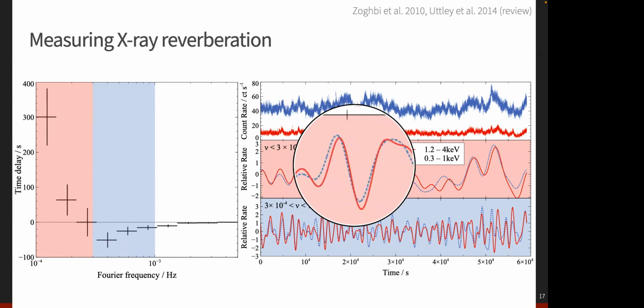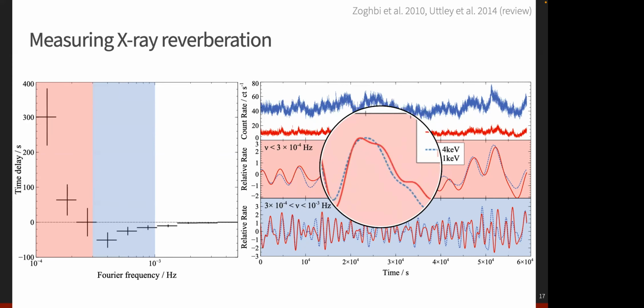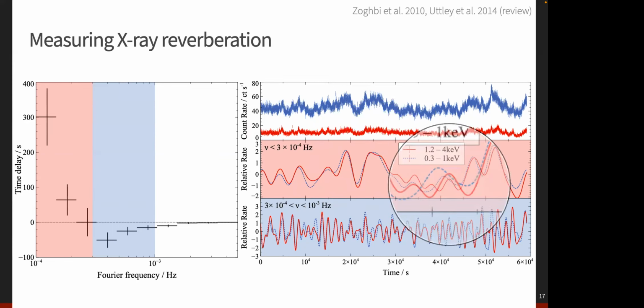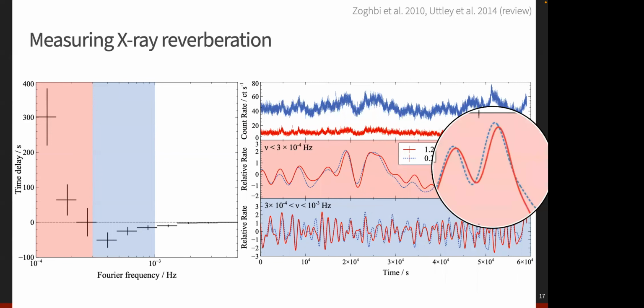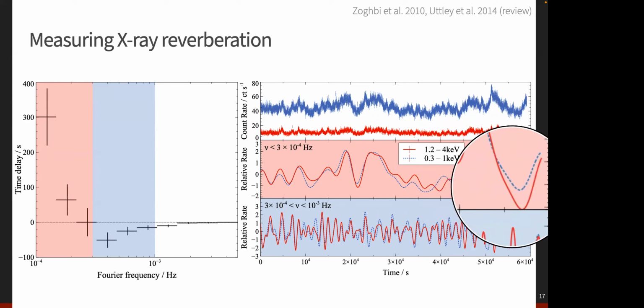You do get some time periods where it swaps round, where you can see the blue is a little bit later, because it is a random noise process. The blue sometimes comes later, but on average over all the peaks, the red is delayed with respect to the blue in the middle panel. So if you look at this big peak here, you can see the red peaks come after the blue peaks. Does that make sense?